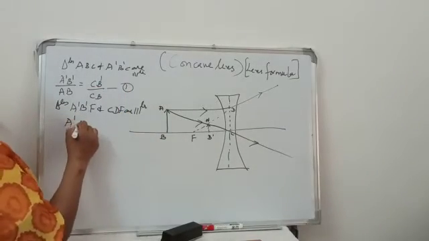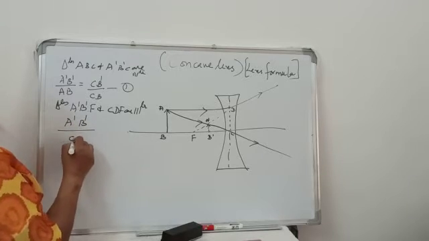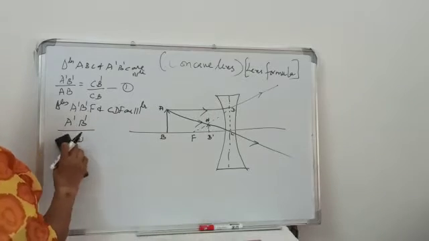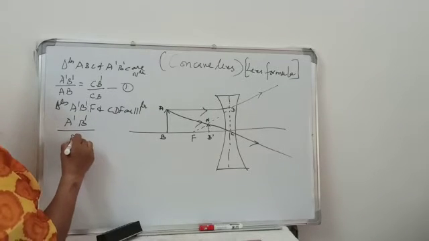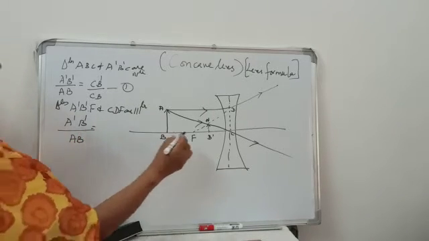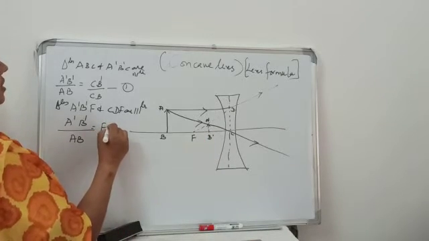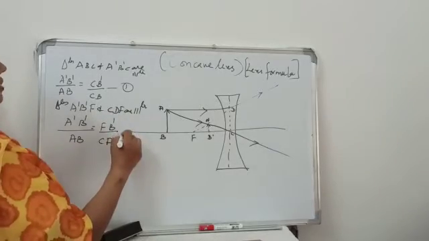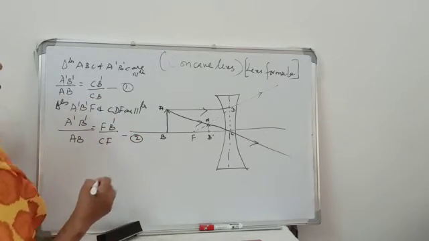So, A dash B dash by CD. But CD equal to AB. So, I write it as A dash B dash by AB equal to FB dash by CF. So, this is equation 2.